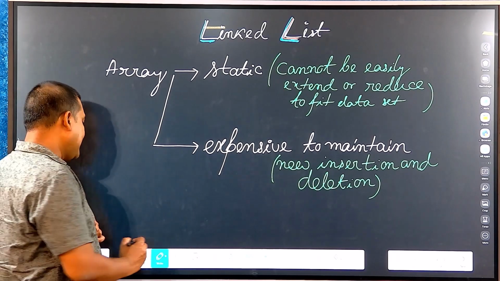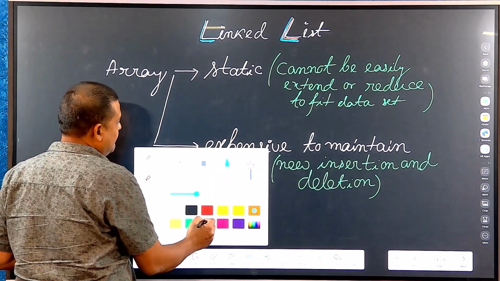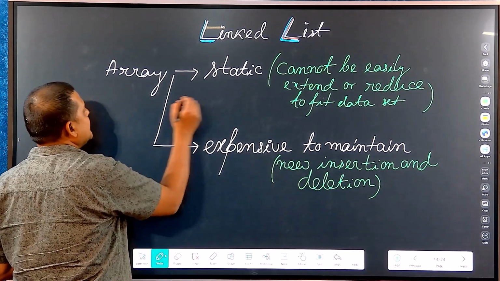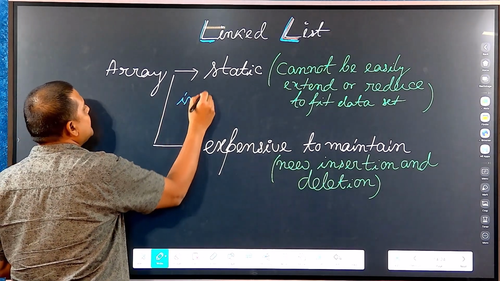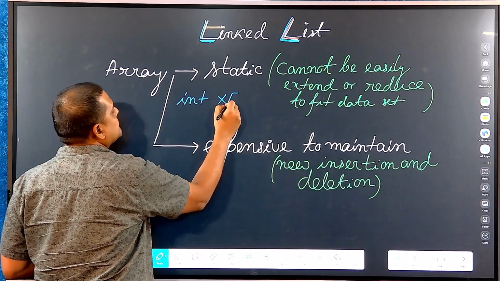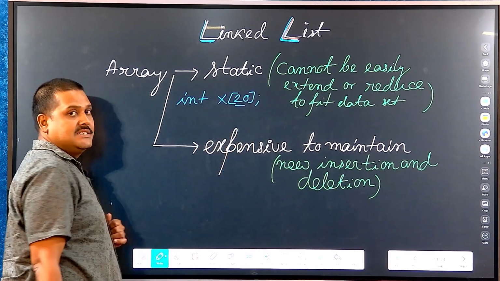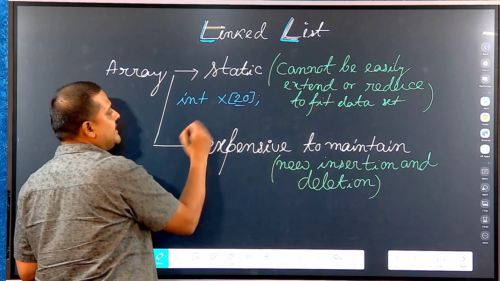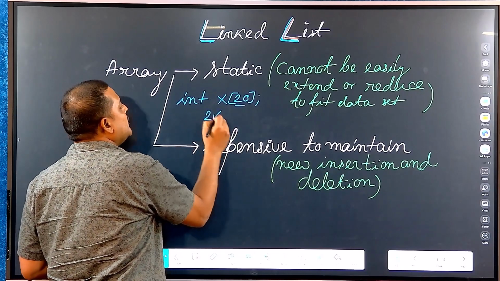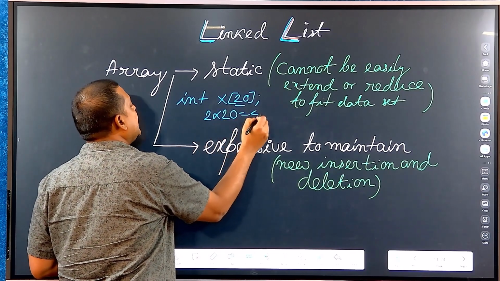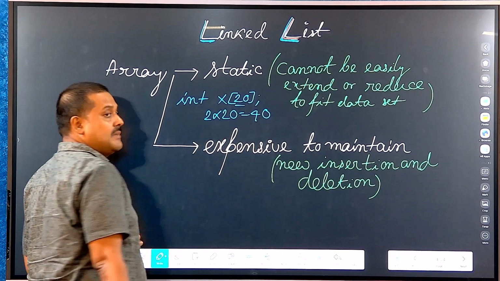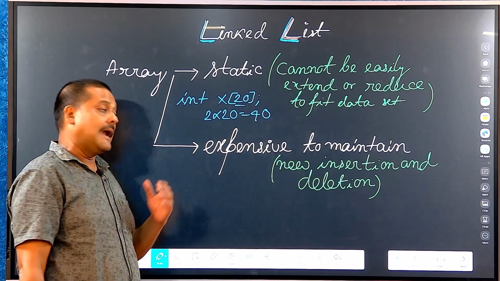Say for example, we have allocated some memory space like int x of 20. So, 20 of size integer, if I consider integer as 2 bytes, 2 into 20, that is 40 bytes of memory space will be allocated at the load time. What is load time?